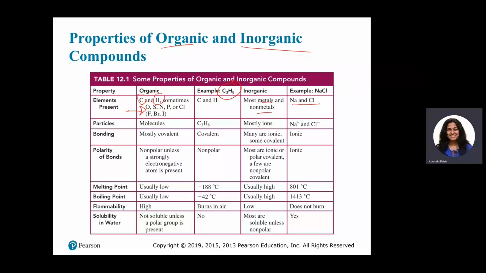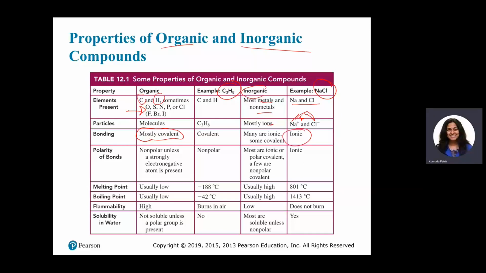If we look at the particles of organic compounds, we call them molecules. But in inorganic compounds, the particles are ions, negative ions and positive ions. The bonding between carbon and hydrogen or the nonmetals in organic compounds is covalent bonds. In inorganic compounds, the ions are bonded with ionic bonds.